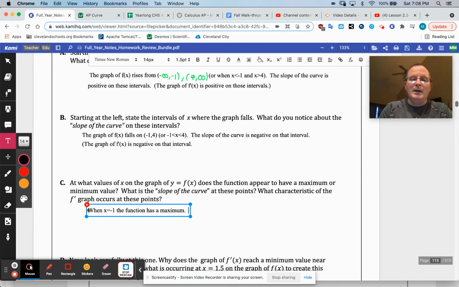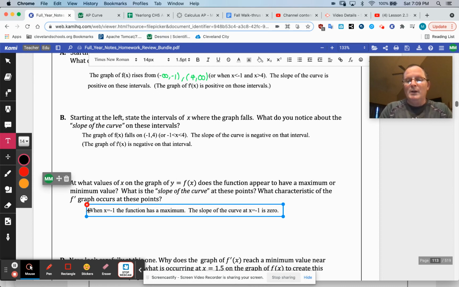The slope of the curve at x equals -1 is 0.